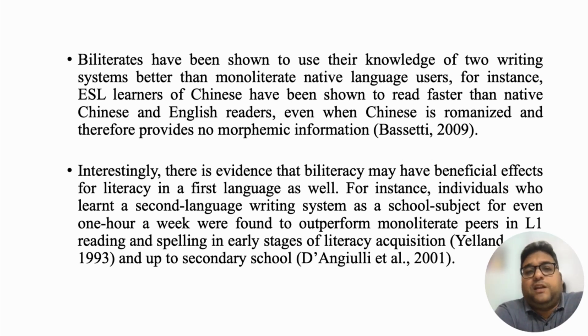For example, English second language learners of Chinese have been shown to read faster than both native Chinese and native English readers, even when Chinese is romanized and therefore is not providing any morphemic information. So again, because they know both systems, they can navigate much faster and they have better practice in some sense.